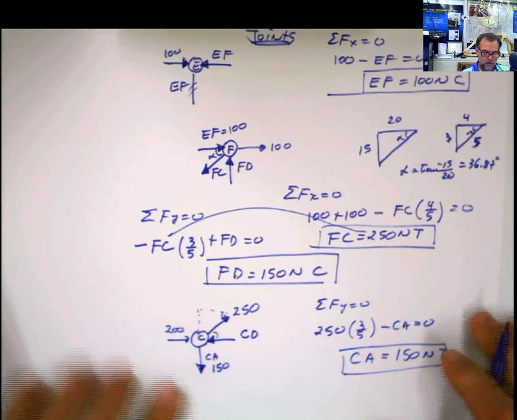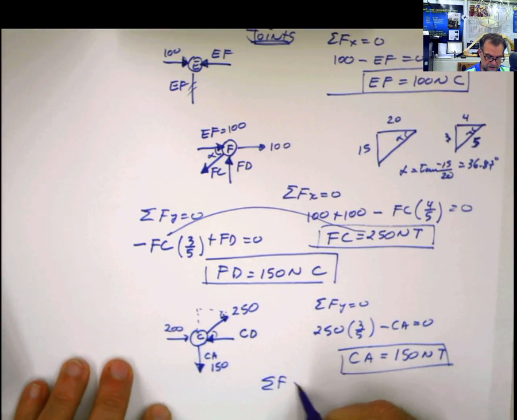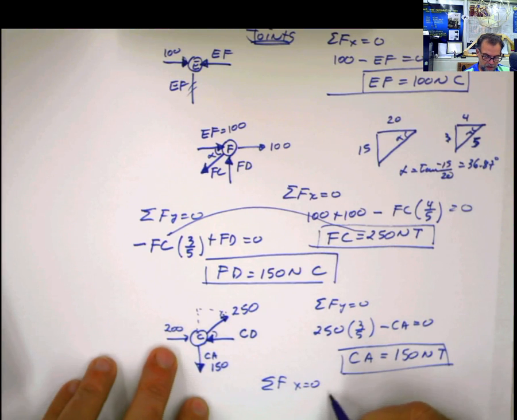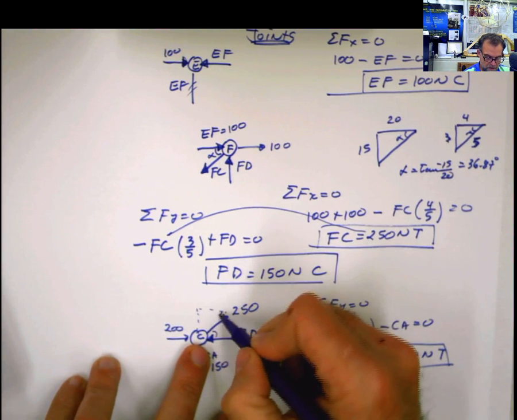And now we do summation of forces in x equals 0. So you have 200 plus the horizontal component of this one, 250. Remember, this is alpha.